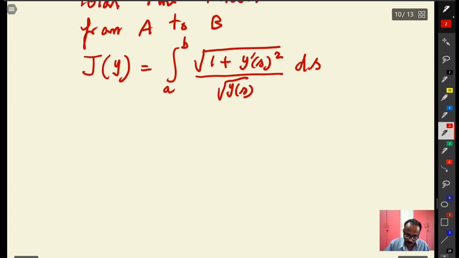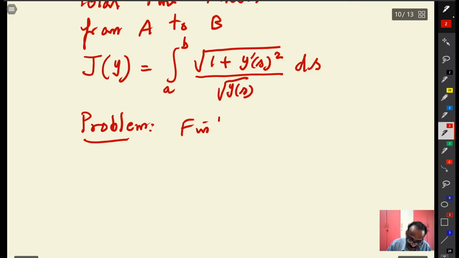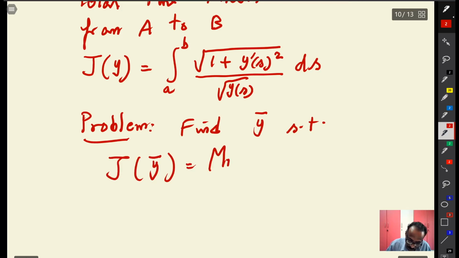So what is your problem? Find the time taken. So the problem: find y bar such that J of y bar is equal to the minimum of J of y over all smooth curves y.